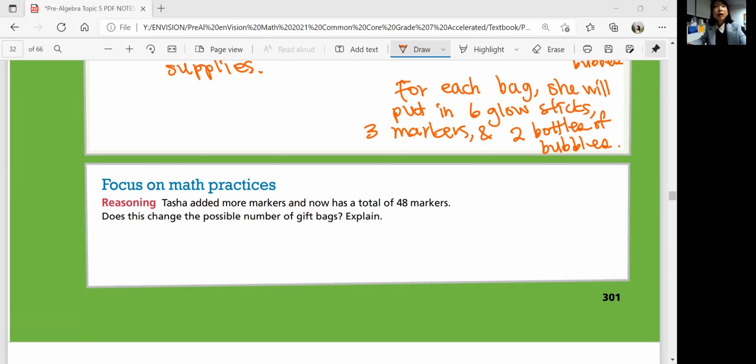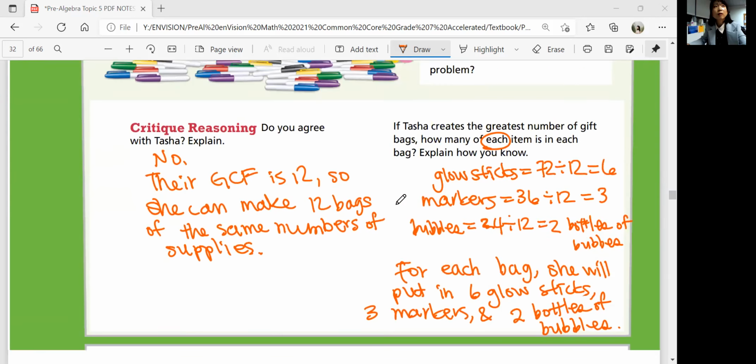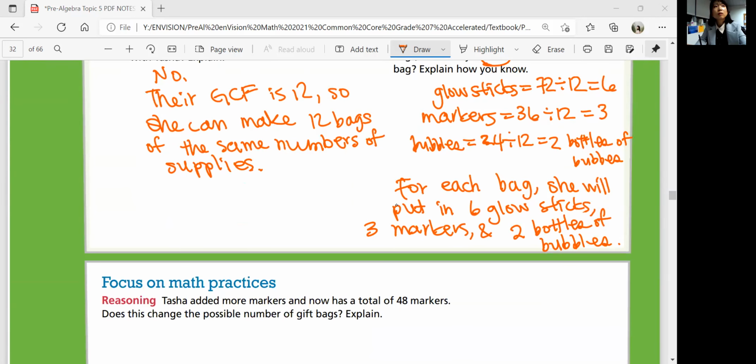Well, let's see. We have the same number of glow sticks, 72 glow sticks, and now 48 markers, and then 24 bubbles. So basically, is their GCF still going to be 12, or is it different?